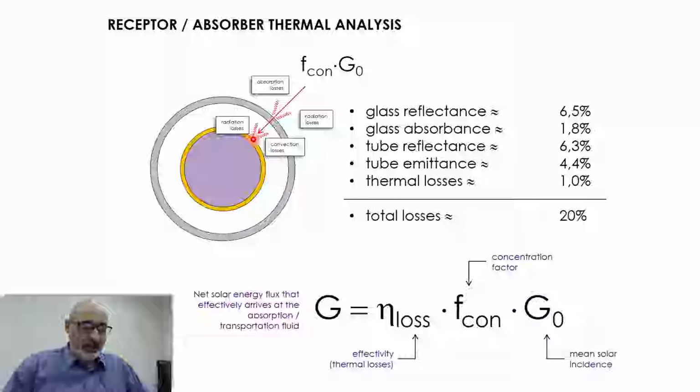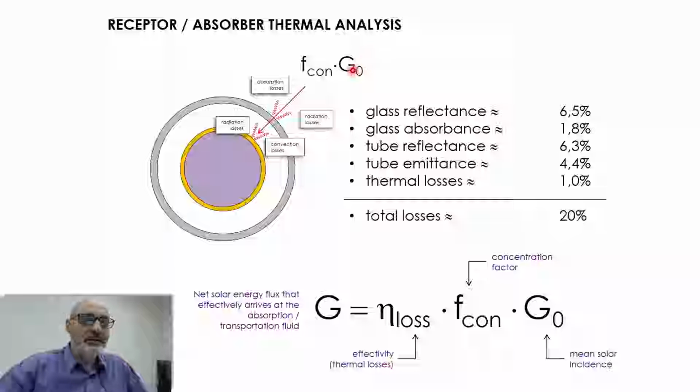Let's say that G0 is the sunlight, the sun flux, and this refers to a given hour of the day, to a given day of the year.